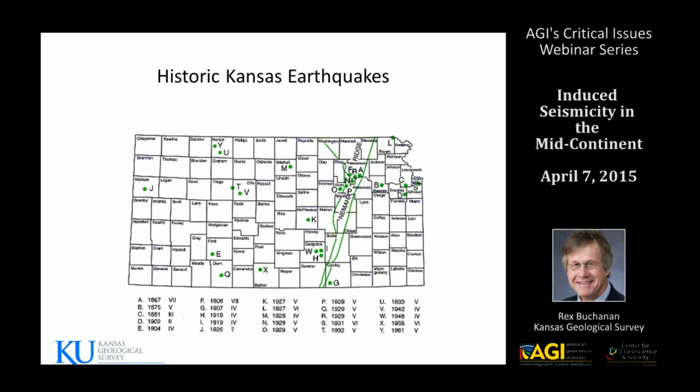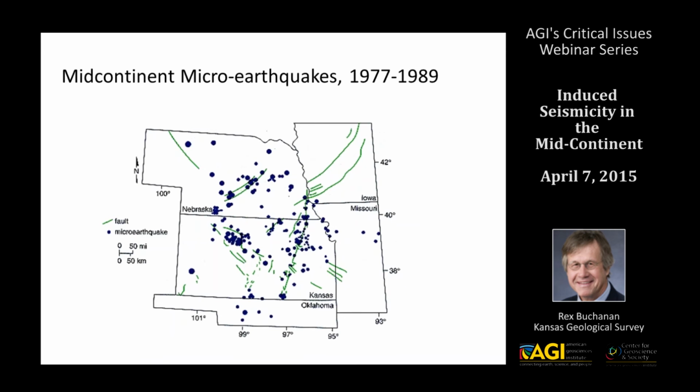The next slide. We operated a seismic network with funding from the Nuclear Regulatory Commission and the Army Corps of Engineers from 1977 to 1989, and these are the results of that activity. And again, you can see that we recorded a fair number of earthquakes in Kansas, but nothing like what we'll talk about here in a second.